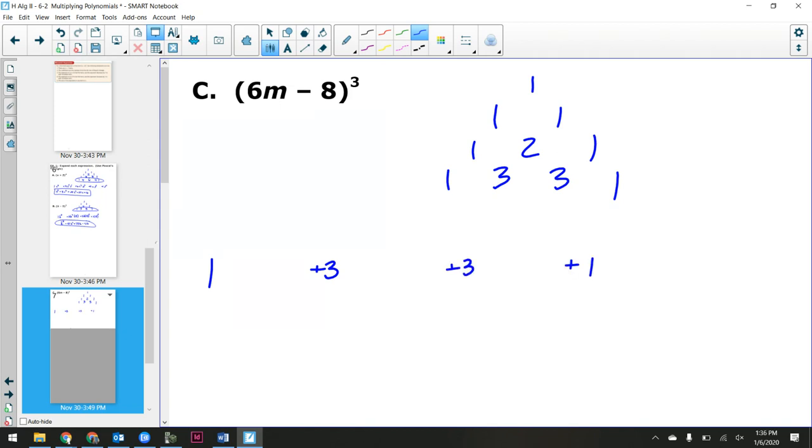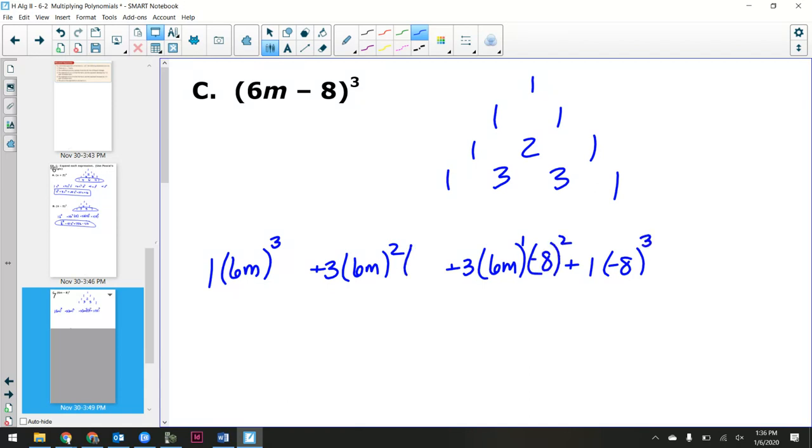Taking our first term, raising it to the highest power, and decreasing each term. Take our second term, negative 8, put it at the end to the highest power, and decrease moving forward. Does everybody see what I'm doing there, how I create this?